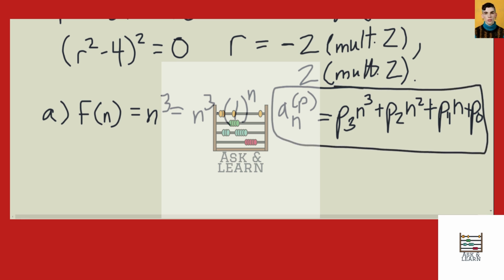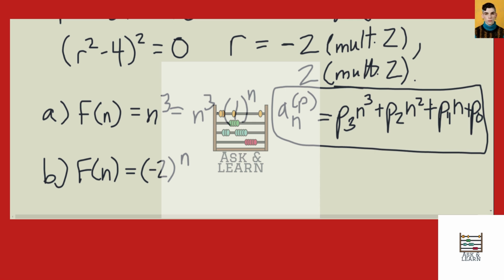In part B, we're given that f(n) is (-2)^n. We have that -2 is a characteristic root of multiplicity 2.